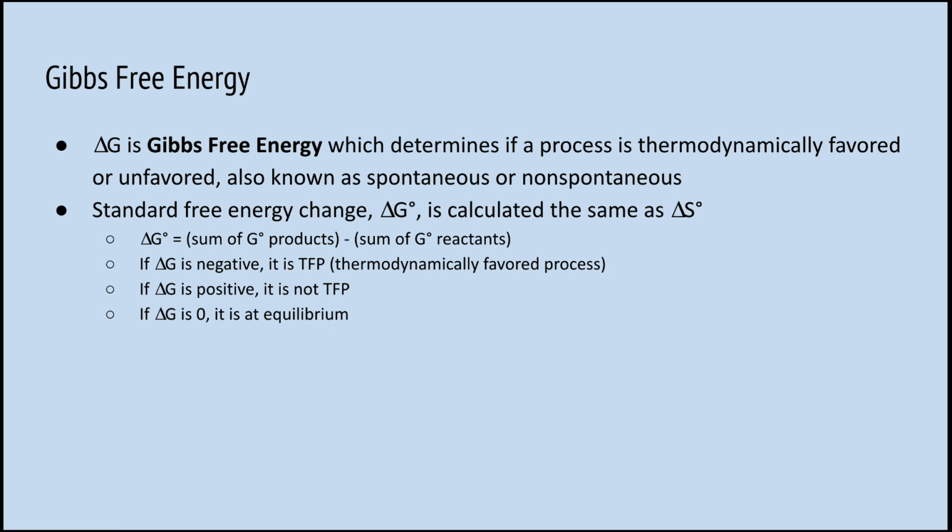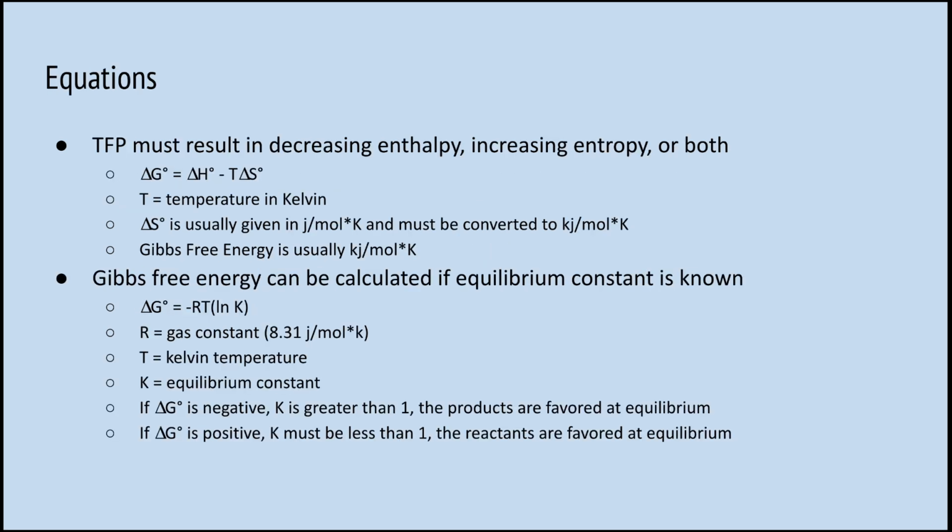If delta G is negative, that means it's thermodynamically favored. If it's positive, that means it's not thermodynamically favored. And if it's 0, that means we're at equilibrium. A thermodynamically favored process results in decreasing enthalpy, increasing entropy, or both.